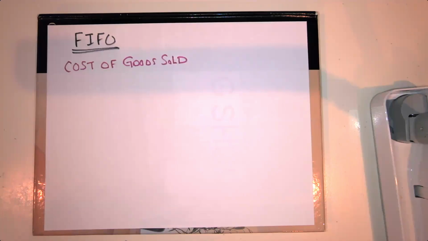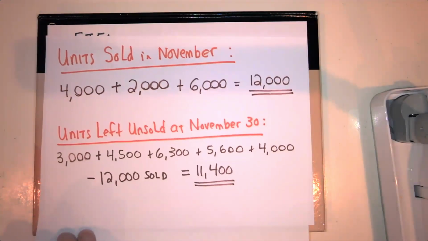All right, Matthew. Excellent. Matthew, before you get started, can you answer one question for me, please? Tell me, how many units do we have to account for in cost of goods sold? We have to account for 12,000. That's why we did this. We didn't do these calculations for fun.